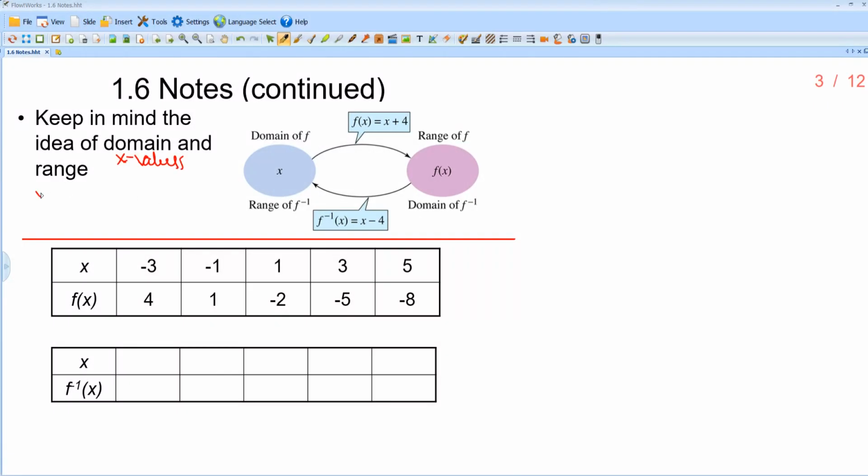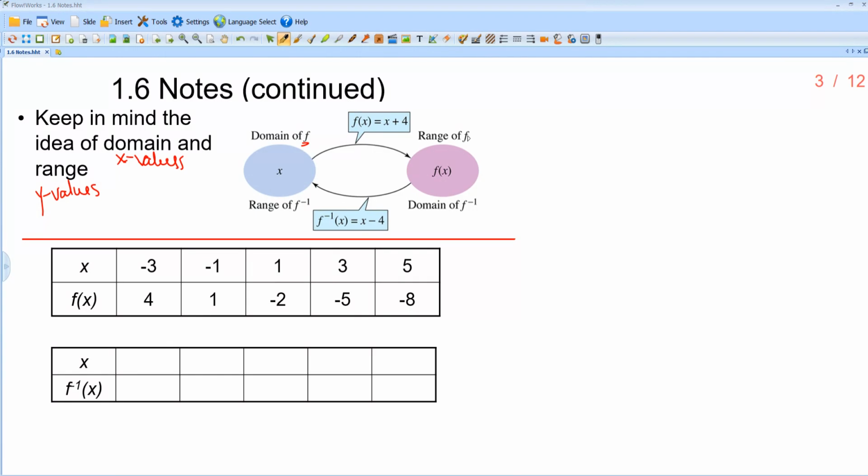And range, we're talking about our y values. What happens when we start talking about inverses is those get flipped. So if you're looking at f, the domain of f is the same thing as the range of f inverse.